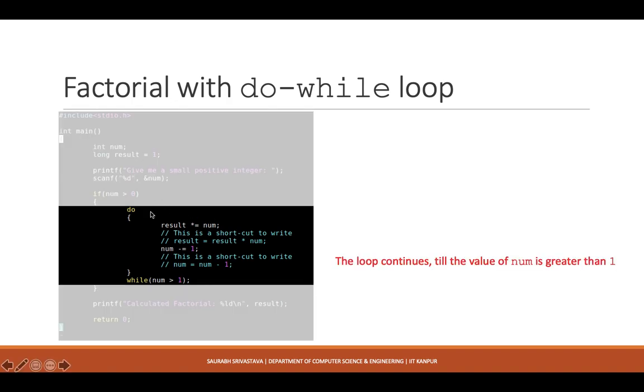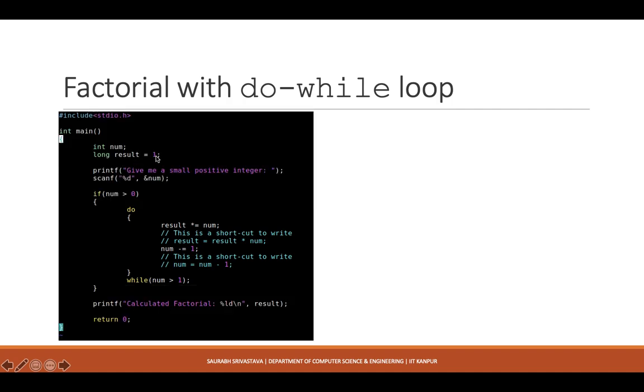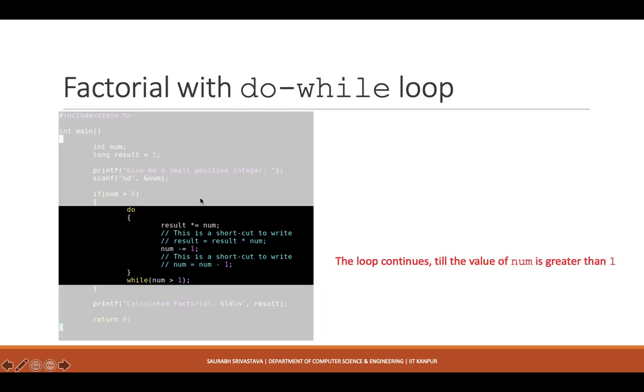So this is the actual loop. Let us say num is the number for which I have to find the factorial. I have initialized the result with 1 here. I keep running this loop, and all I do is keep reducing the value of num by 1. Let us say I want to find the factorial of 6. The first time I enter this loop, the value of num is 6.